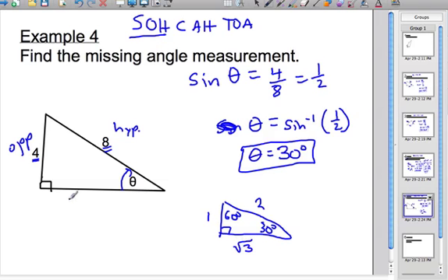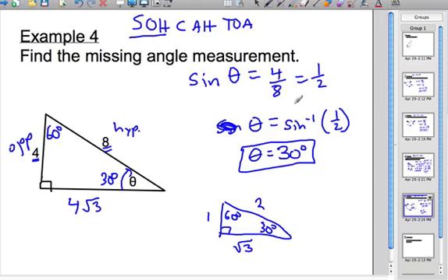Okay, so this side over here is going to be 4 root 3. So if a side of a right triangle is half the distance of the hypotenuse, if you have this ratio of 1 to 2, like here we have 4 to 8, which is equal to 1 to 2, then we know it's a 30, 60, 90 triangle. And this has to be 30, and this one has to be 60.